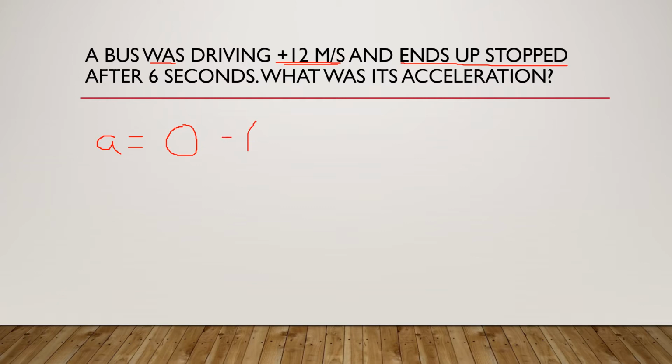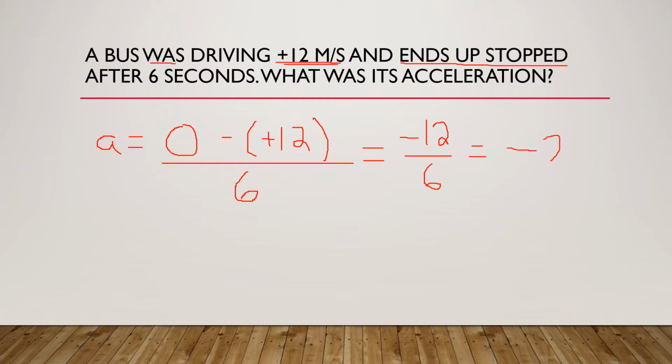And we're going to subtract the initial velocity of 12. And then divide it by the time of 6. Final minus initial divided by time. Oh, 0 minus 12 is negative 12 divided by 6. Negative 2 meters per second squared.